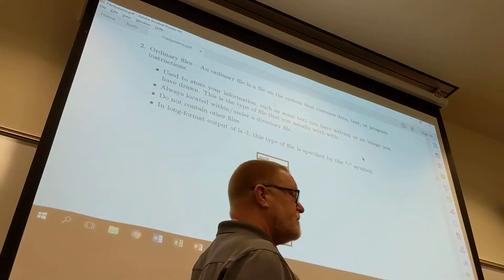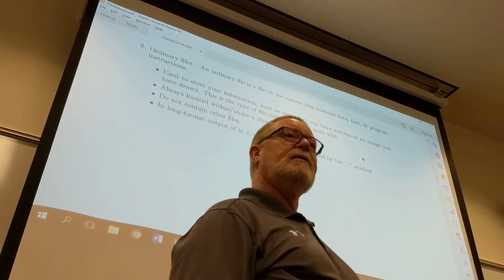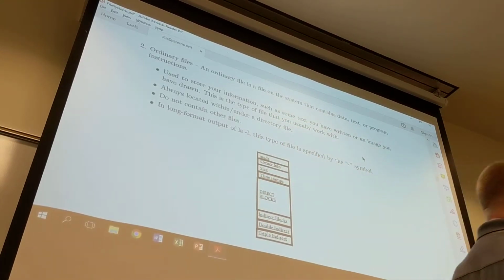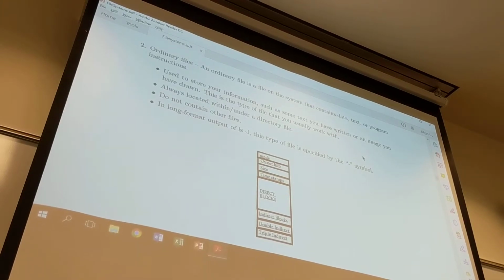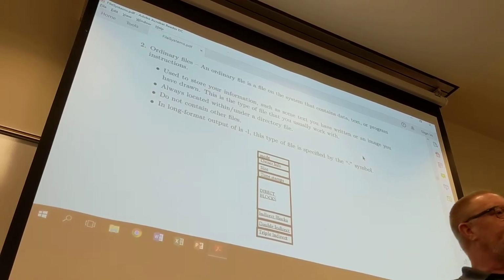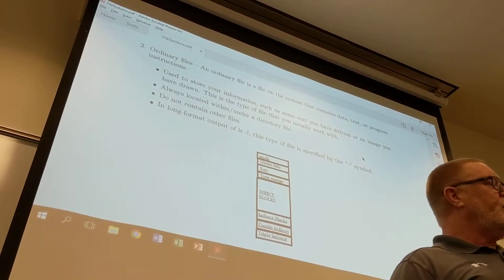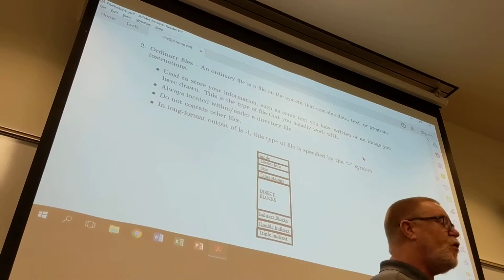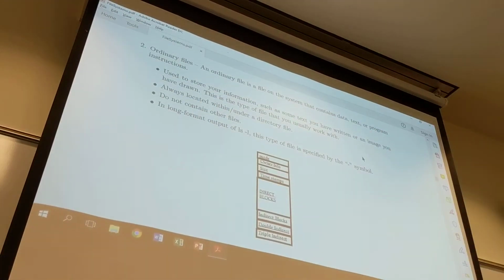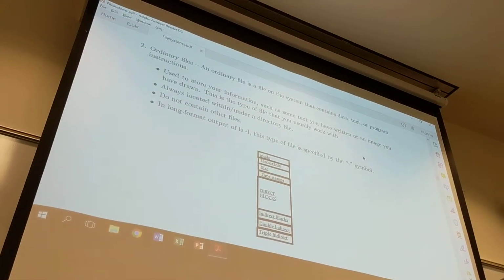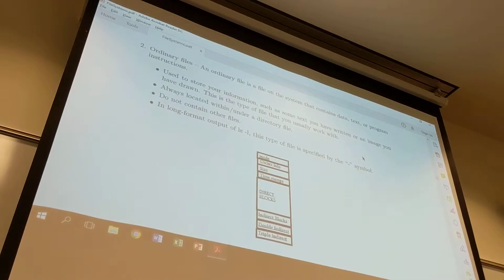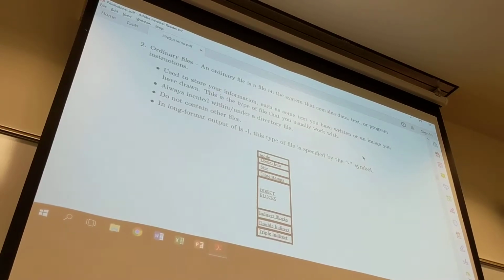Associated with each inode is a number. So when a directory says this file is located here, it's not pointing to a location on disk, it's pointing to an inode number. We load the number, and we'll see in a minute how we can quickly get to that inode, and then that inode tells us which disk blocks belong to the file or directory.